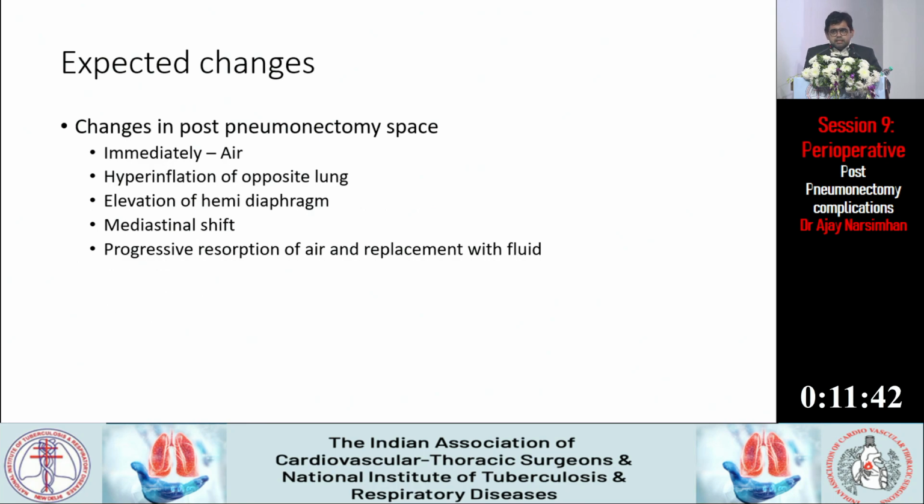So what are the expected changes once you remove the lung on one side? Immediately there is air in the hemithorax, and slowly there is hyperinflation of the opposite lung, and this is very important for postgraduates. There is elevation of the hemidiaphragm of the same side, and a mediastinal shift.